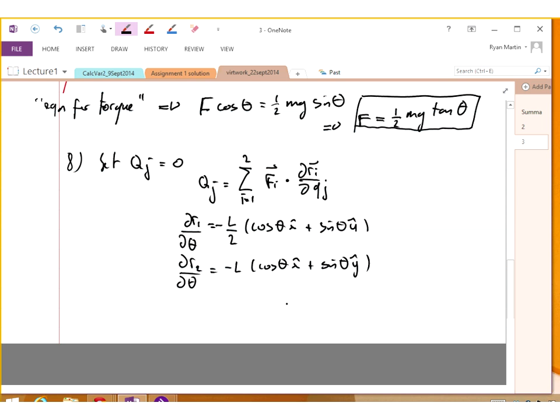Plus F, and that's only in the x direction, so that's going to pick up only the x component. And F is in the minus x hat direction, right? So let me write that as minus F times minus L cos θ.